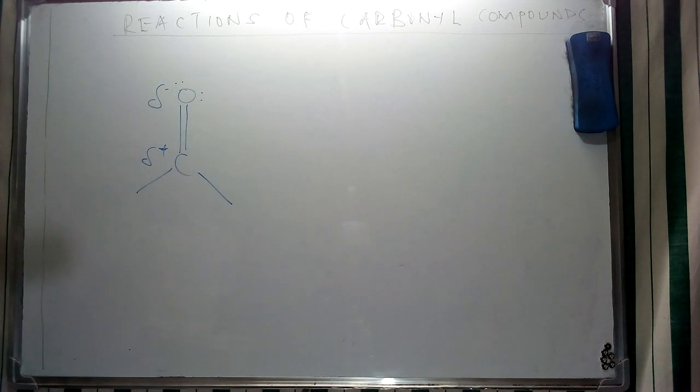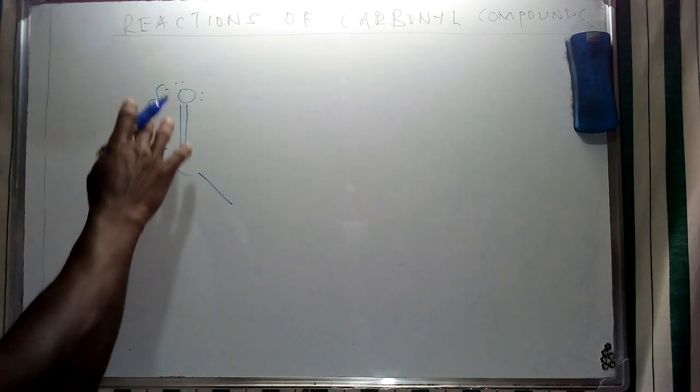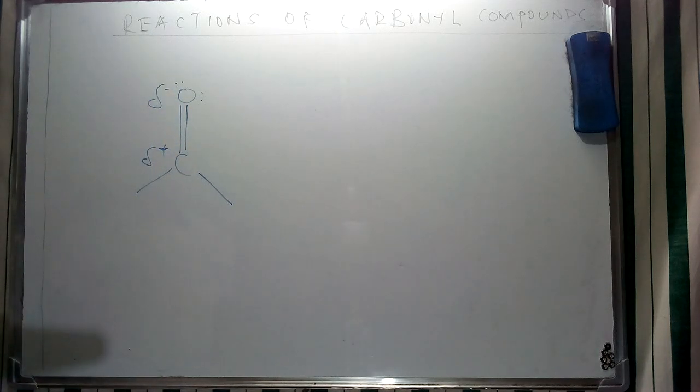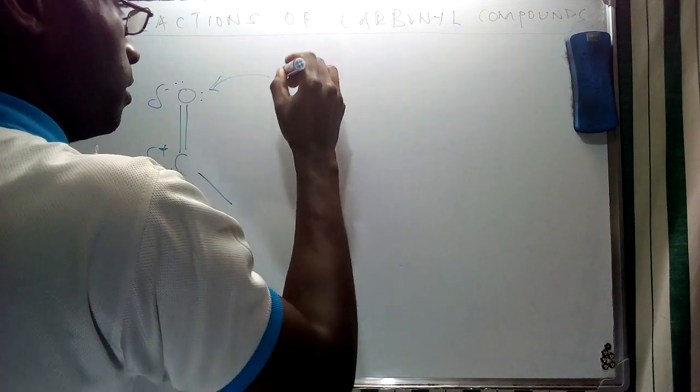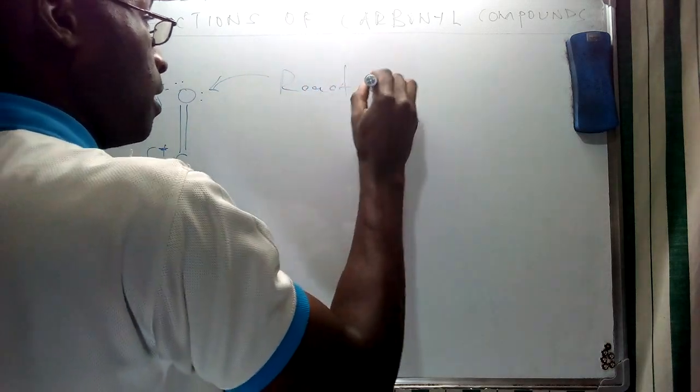And therefore, this is going to create a nucleophilic section, which is going to react with acids and other electrophiles at this specific point. So we can illustrate this section as a section that is going to react with acids.